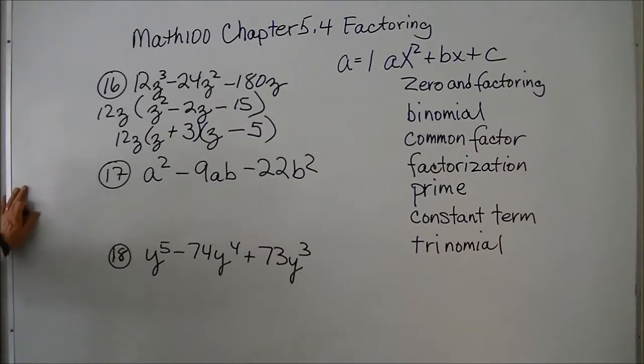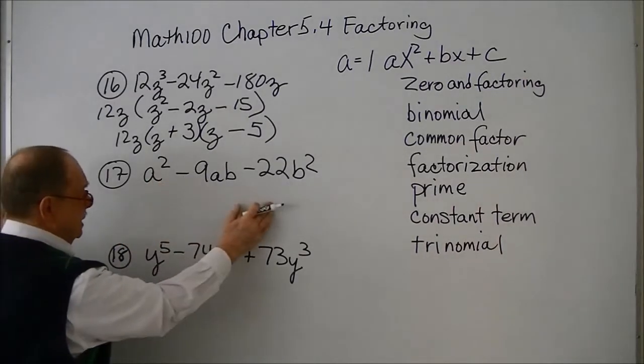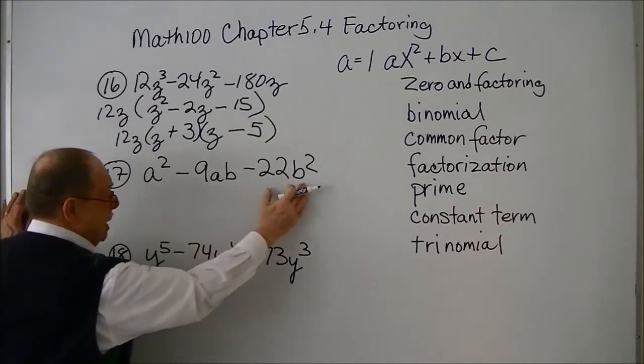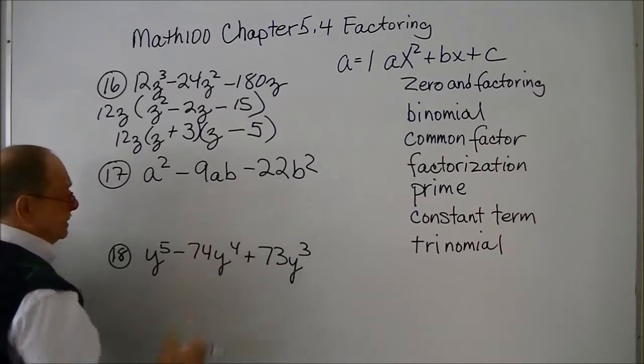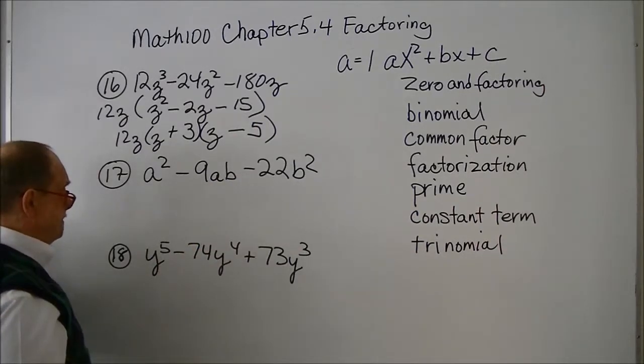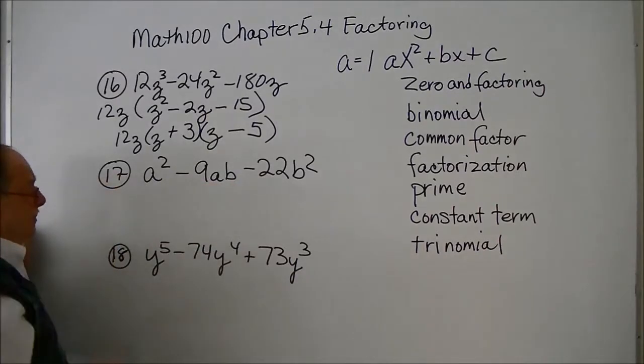Number 17 is a little different, because here you have powers of A descending, but then you have powers of B ascending. So this is in standard form. Is there any common factor you could take out of everything?